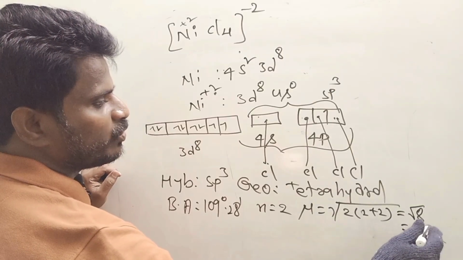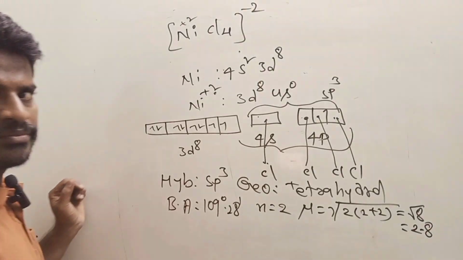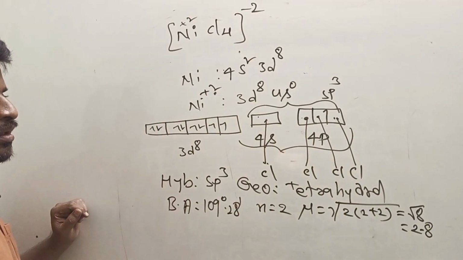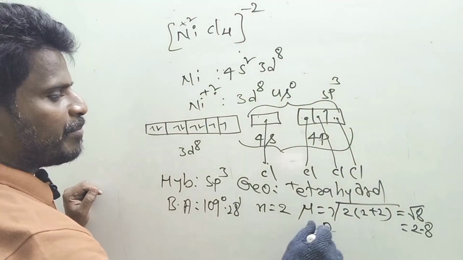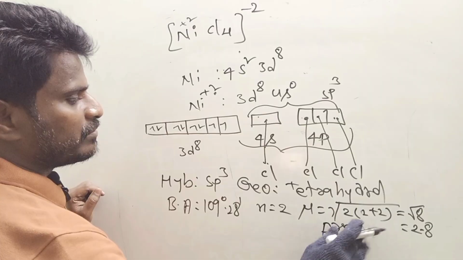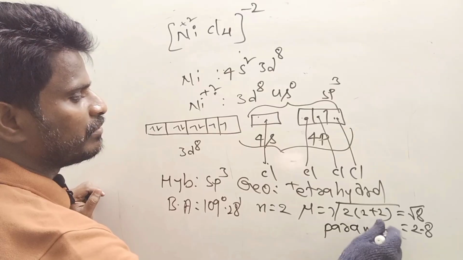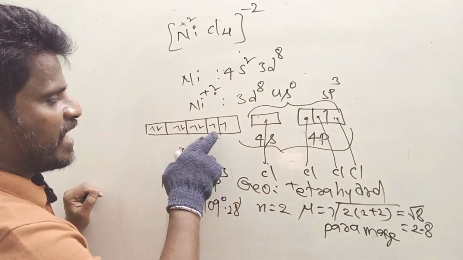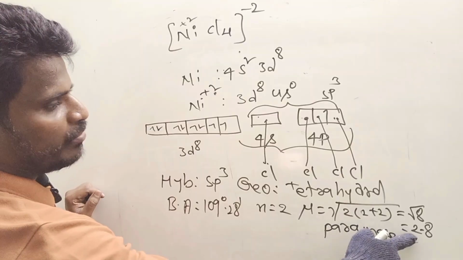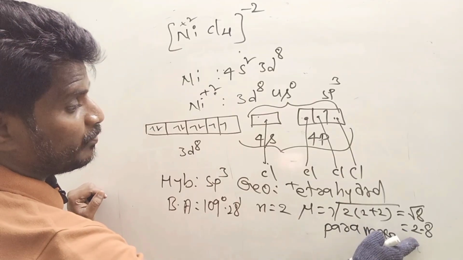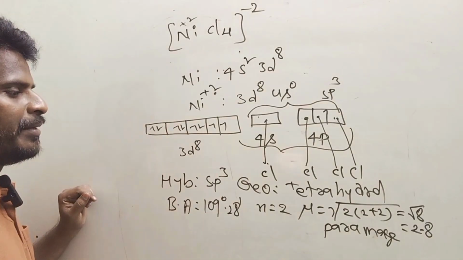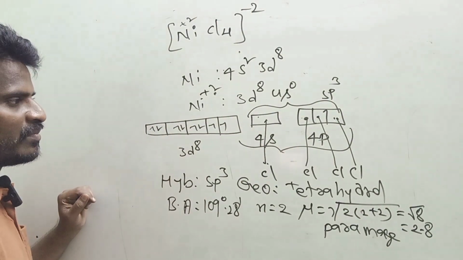It is nearly 2.8. And it is paramagnetic in nature. This complex has 2 unpaired electrons, magnetic moment 2.8. Due to 2.8, it is of paramagnetic nature.